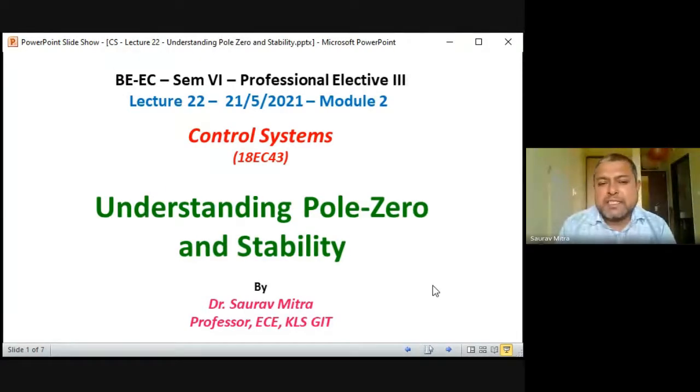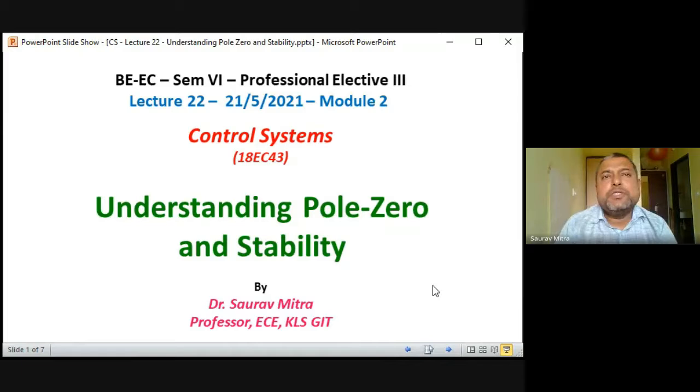Now, in the previous day's lecture I think I made a small mistake. I was talking very fast, but one thing you have to understand. If you have pen and paper, just write it down: if you are inserting a pole in the system, let it be a stable pole only, so let the pole be on the left hand side of the S plane, that is, the left hand side of the j omega axis.